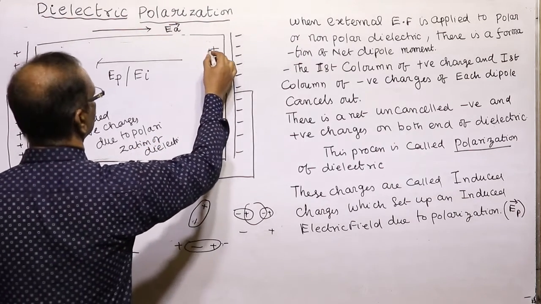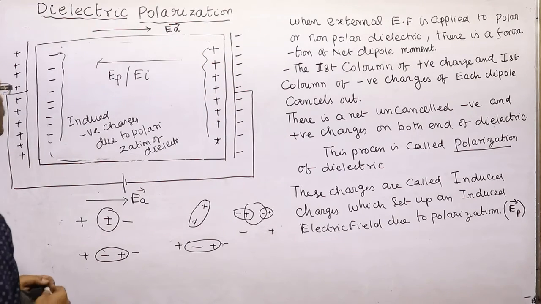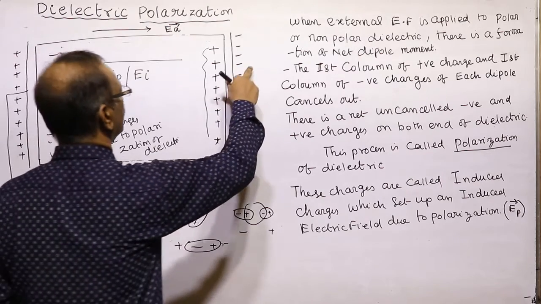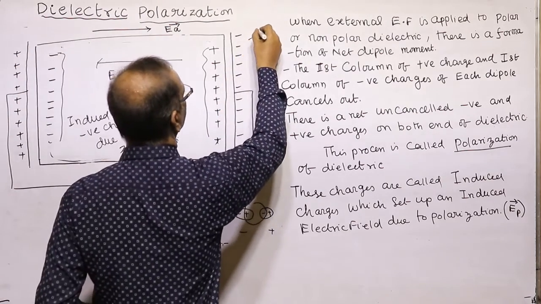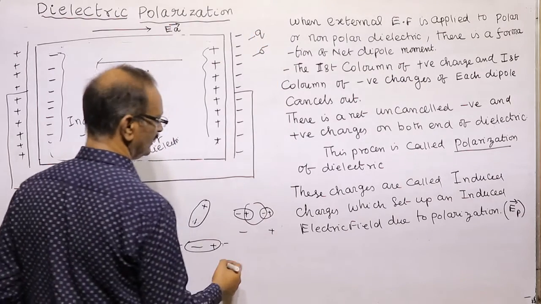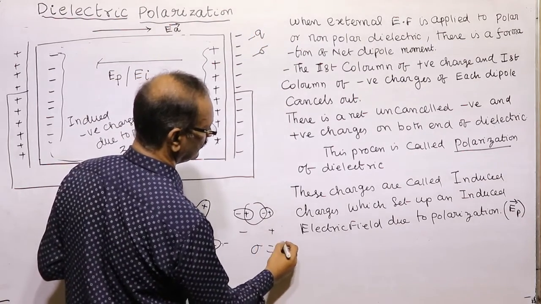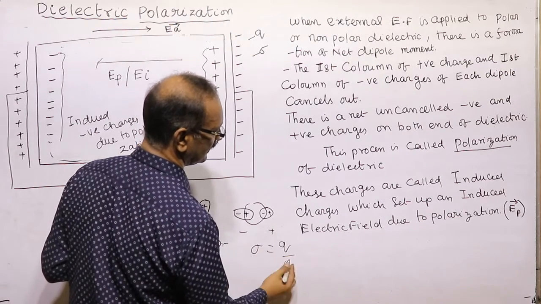And these are the induced positive charges. See, this is the positive charge of the external electric field, and this is the negative side of the external electric field. We can call this minus Q or minus sigma, because what is sigma? Sigma is equal to charge by area. If it is minus, this will also be minus, since area cannot be minus.